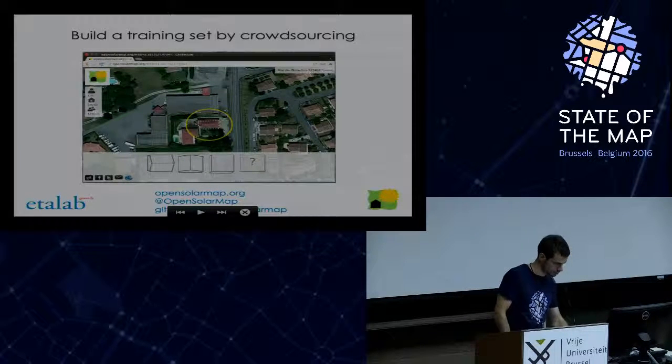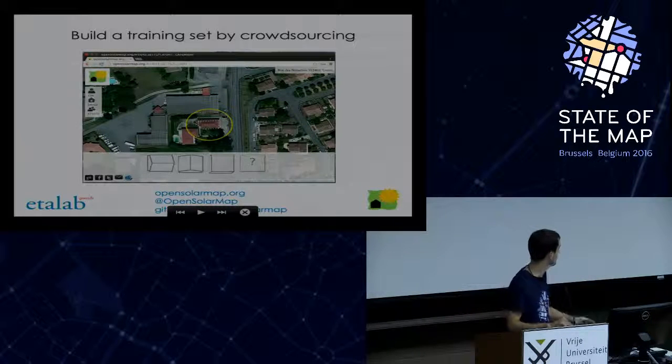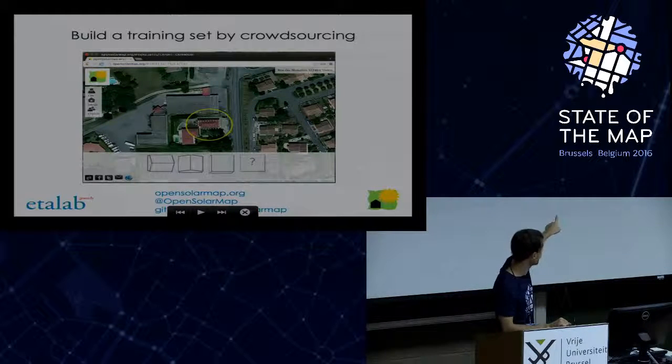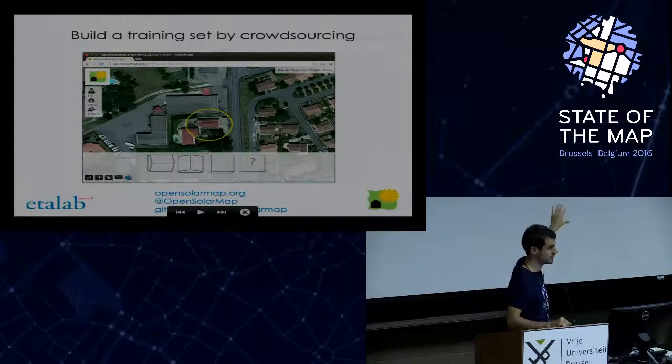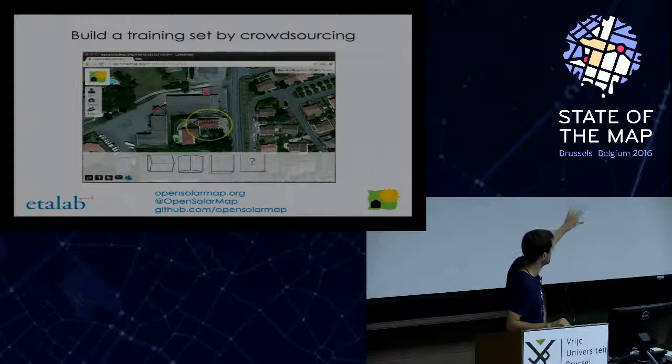so you can go to opensolarmap.org and you have this web page, and you can click, choose the class of the roof. First class is north-south orientation. Second is east-west. Third is flat roof.